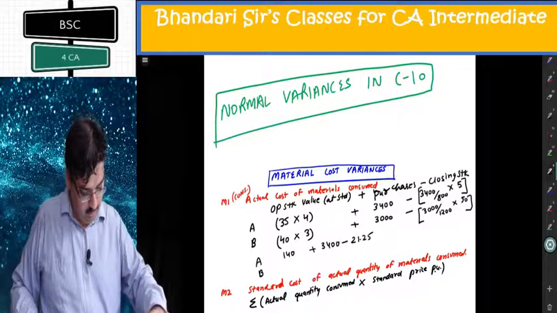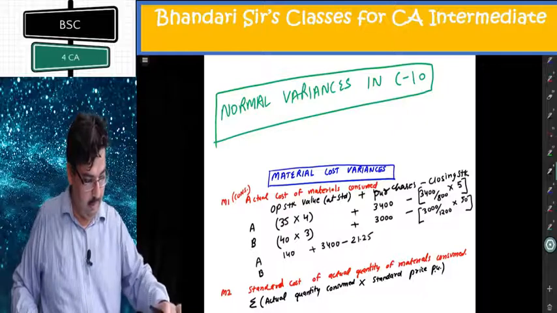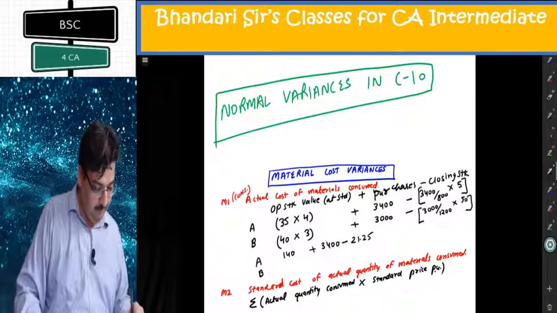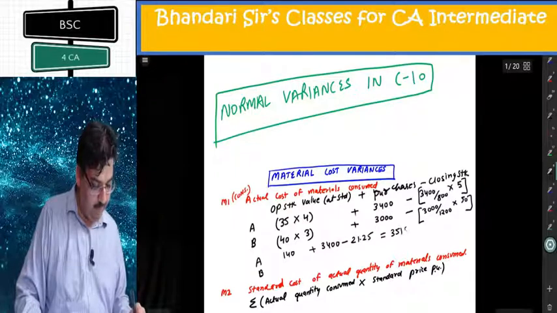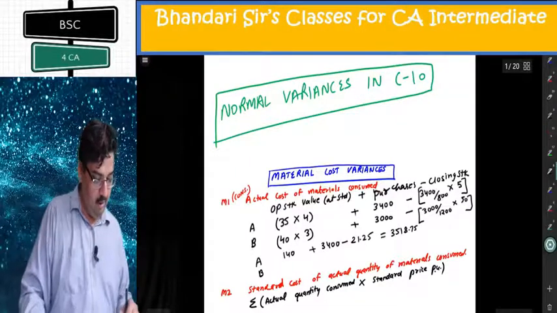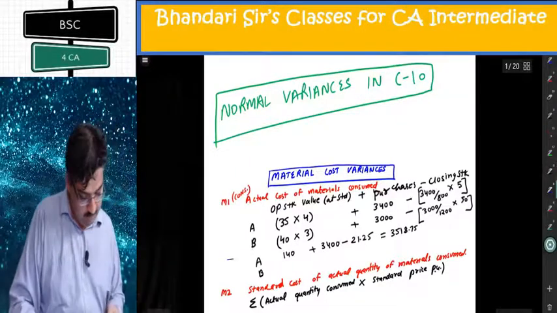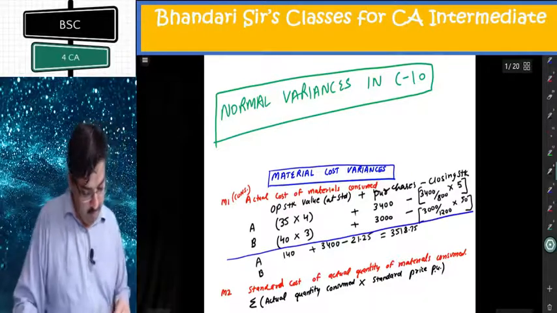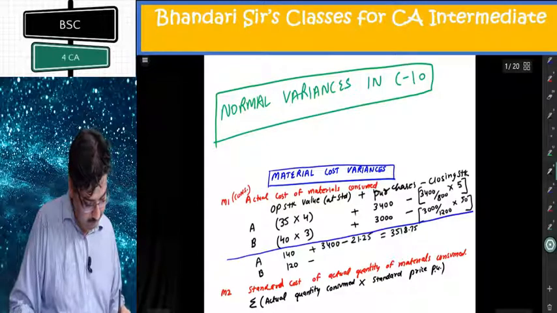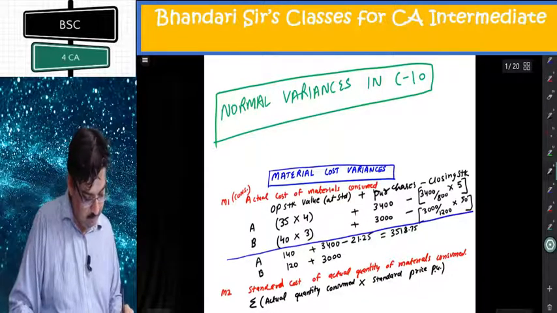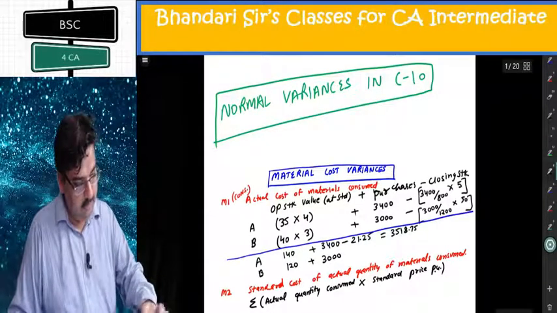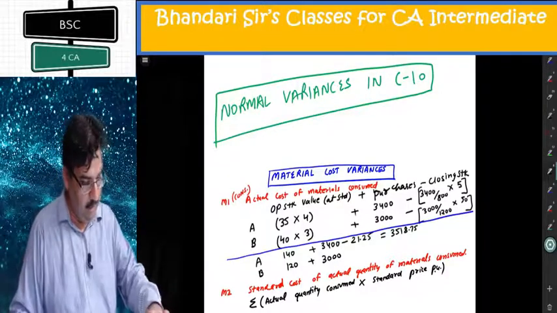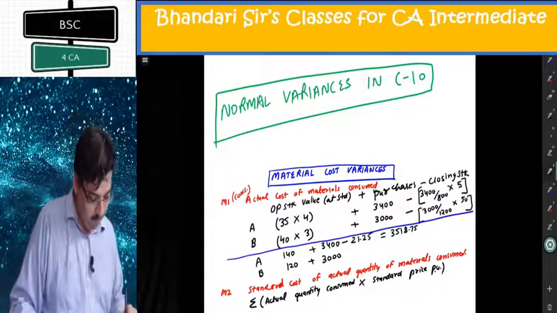So 3540 minus 21.25, I am getting 3518.75. Compute for B also, in a similar way. 120 plus 3000, minus 3000 divided by 1200, this is 2.5 into 50 kg, 125.